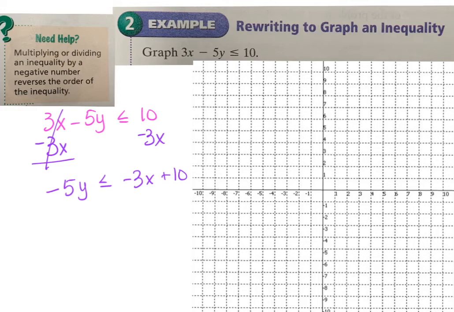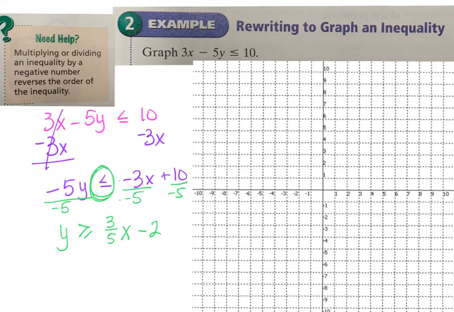Now it gives you this little reminder in your book right here. Multiplying or dividing an inequality by a negative number reverses the order of the inequality. So it flips your greater than less than. So when you divide every piece by the -5, you'll get y, and you have to flip this. Greater than or equal to. Negative divided by a negative is a positive. And then 10 divided by -5 is -2.